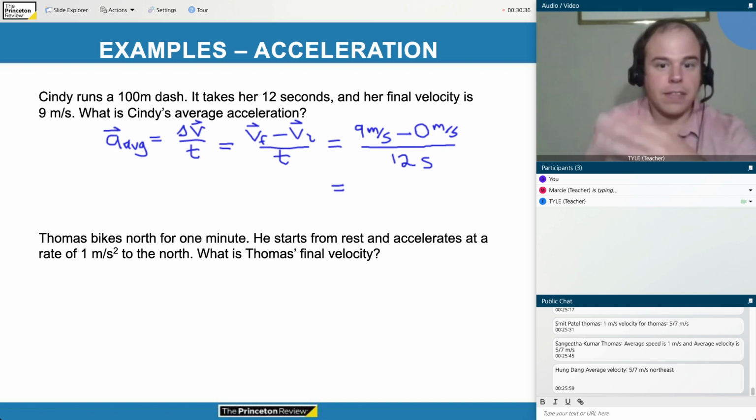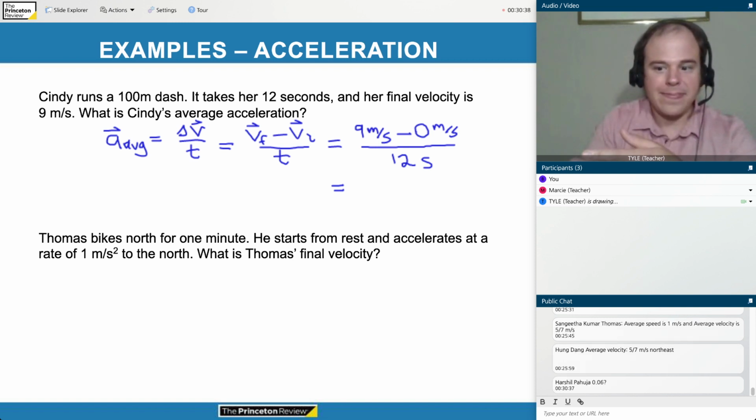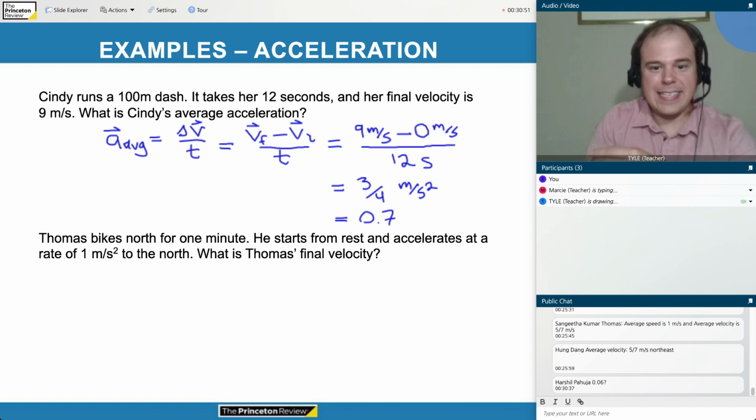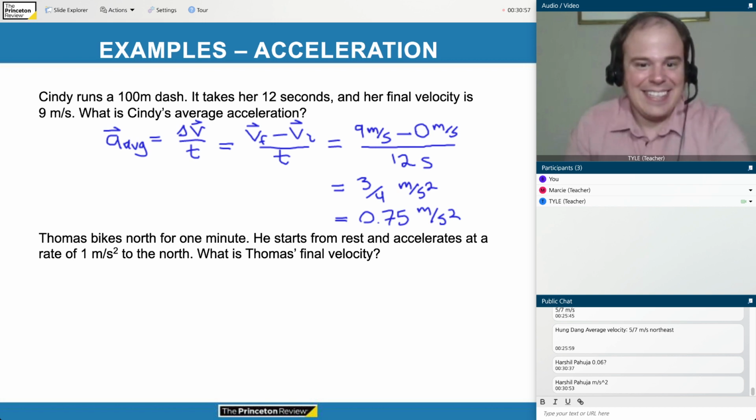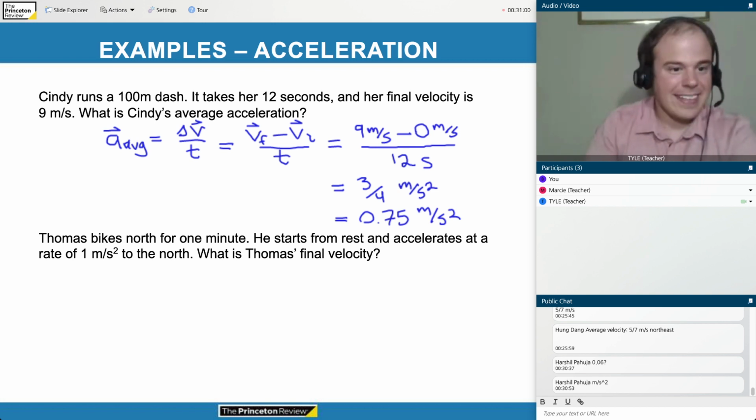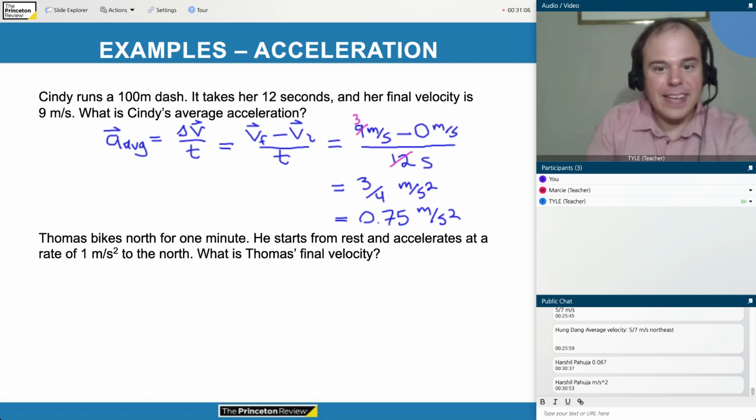I could cancel a 3 out of both the top and the bottom, and this simplifies to 3/4 meters per second squared. Or if I wanted to put this in decimal form, I could say 0.75 meters per second squared. All right, fantastic. With the 3/4, I divided a 3 out of each, so 9 became 3 and 12 became 4.